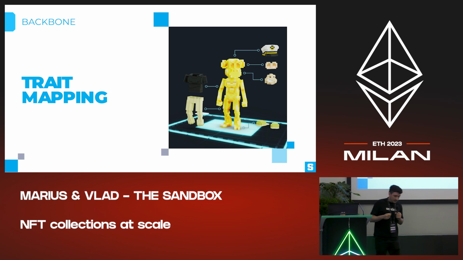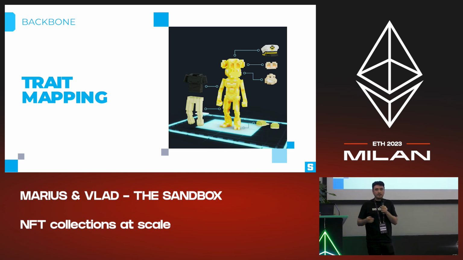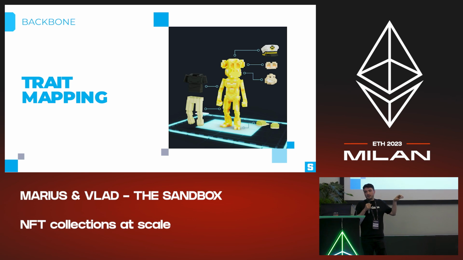Now, when we started this journey to create collections, there were not so many tools, and the tools that existed were really generic. You could create only PFPs and 2D images, basically. And the tools that existed on the 3D side were not highly optimized for voxels. More specifically, we have this issue of mapping a trait to certain 3D nodes from the model.